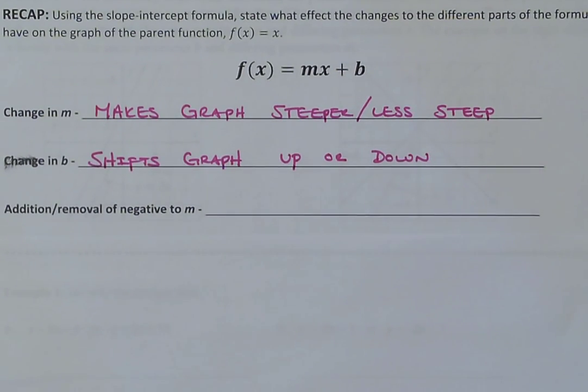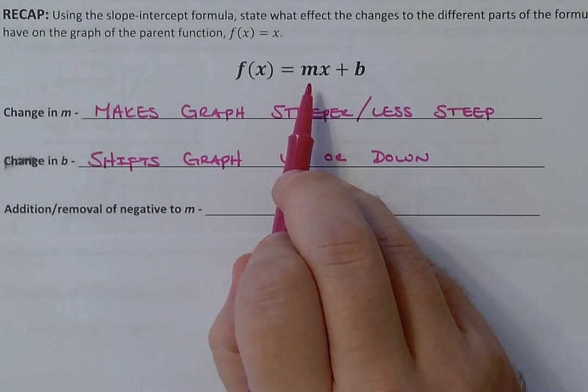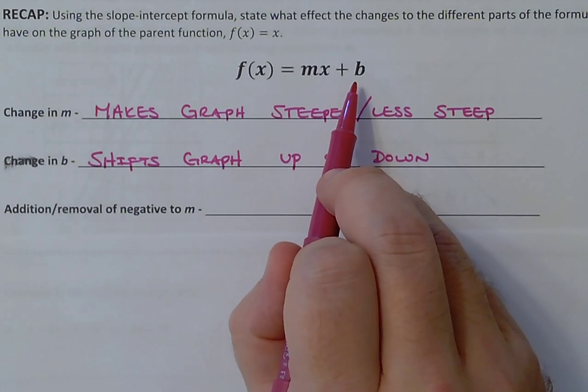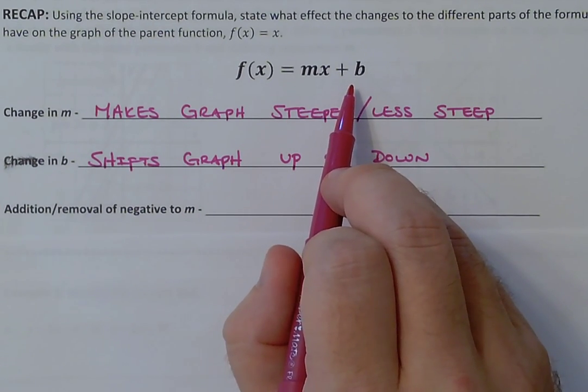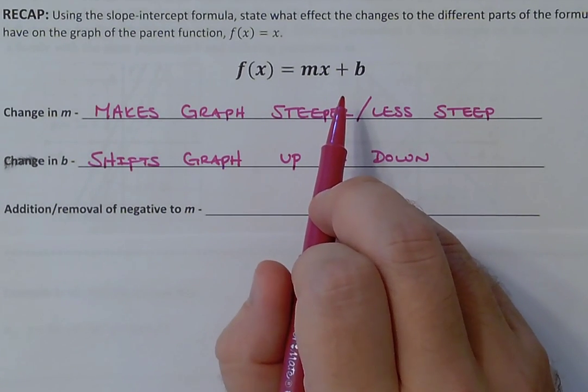So when you are looking at these problems, if the number in front of x gets bigger, it makes it steeper. When the number in front of x gets smaller, that makes the graph less steep. When this number increases, the plus b, it's going to shift the graph up. When it decreases, it's going to shift the graph down.